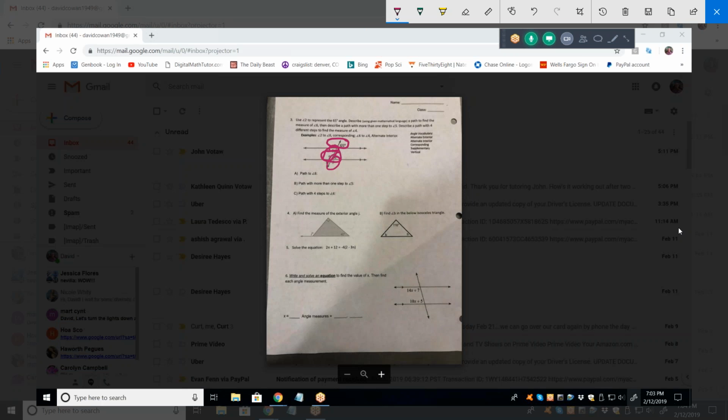So give me an equation I can write to solve that for x. What does it mean for this angle, which is 14x plus 7, and this angle, which is 10x plus 5, what does it mean if they're supplementary?